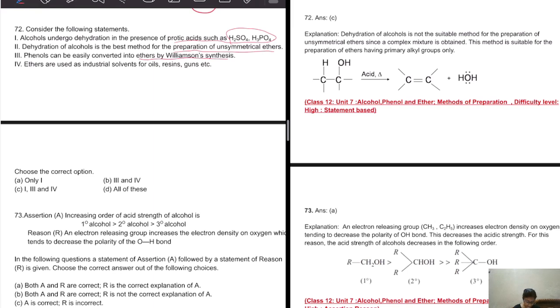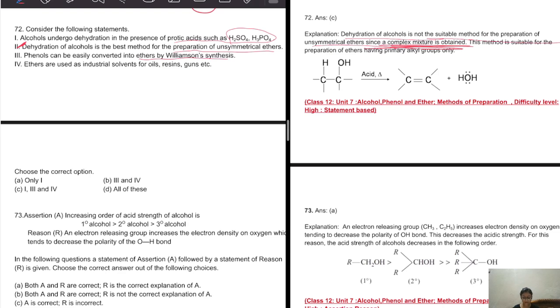C. The thing is, the wrong statement here is this. Okay, because it's not the best method. This is not the best method to prepare the unsymmetrical ethers. Dehydration of alcohol is not a suitable method, since a complex mixture is obtained.